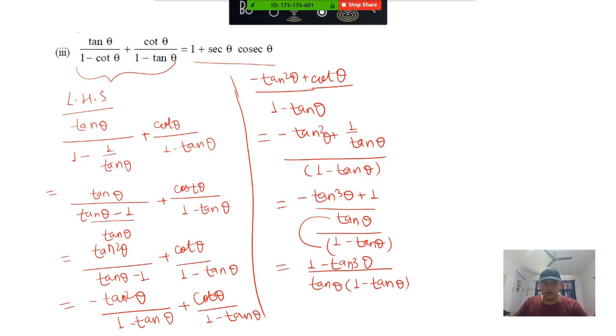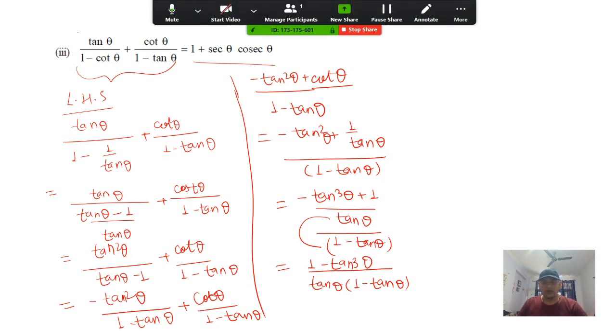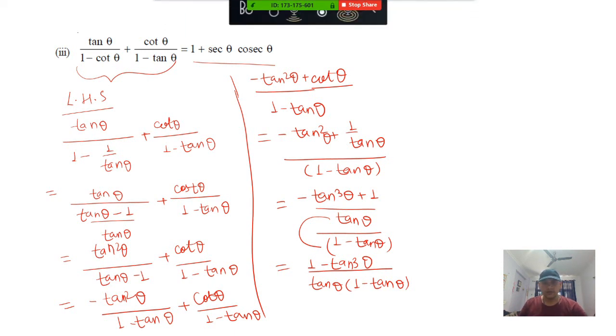Now what we are going to do, we will use the formula for 1 minus tan cube theta. We know the formula of a cube minus b cube: it is a minus b into a square plus b square plus ab. So here we will take a as 1, b as tan theta.